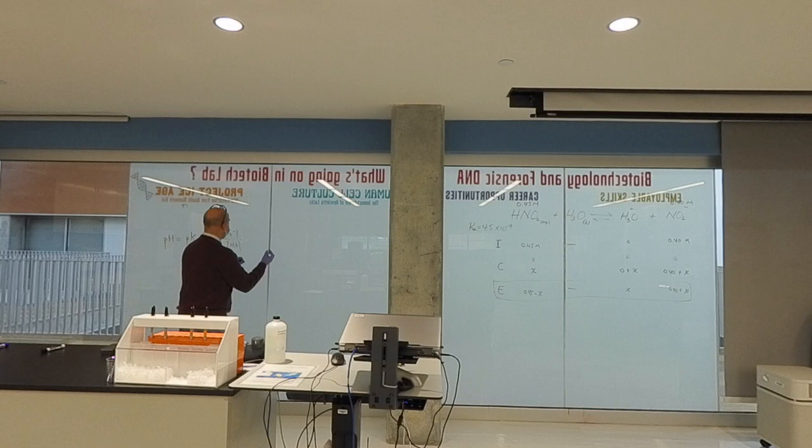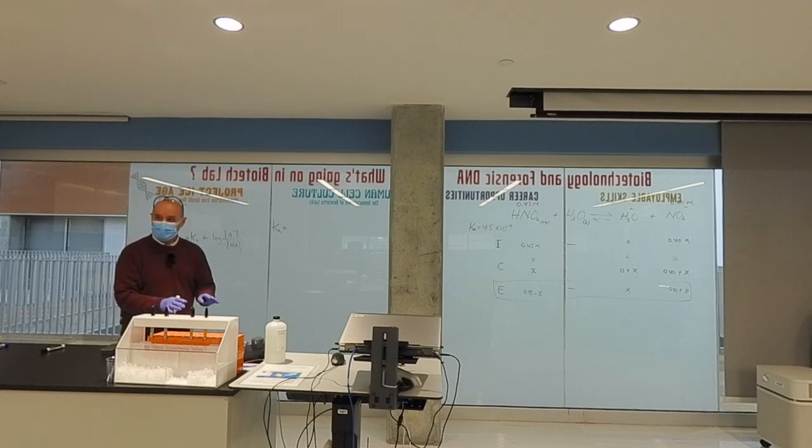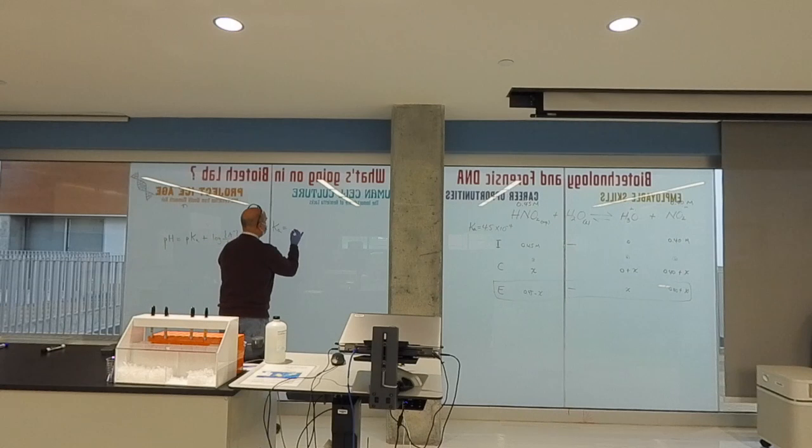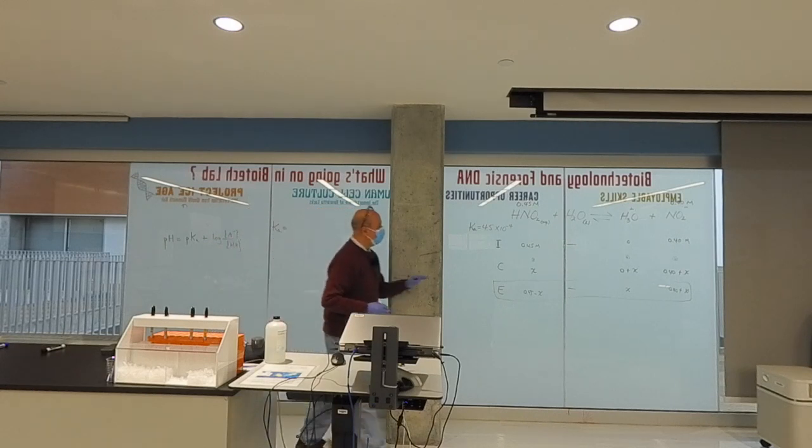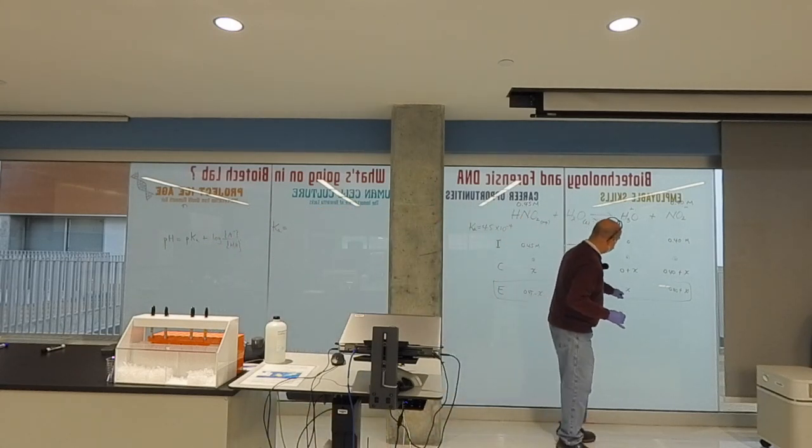Okay, by definition, we know that the Ka equals, remember, we did it for water, we did it for a weak acid, the concentration of the products.